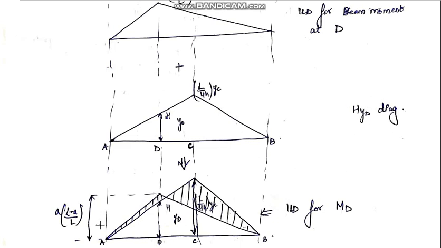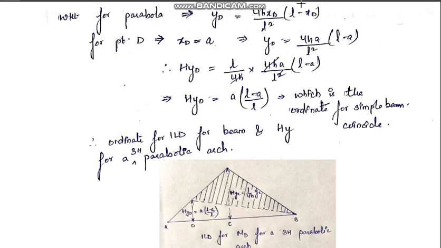It means, if you see this diagram, the value of HYD and the value of this are coming out to be the same, and therefore this point and this point will coincide with each other, and this case will be valid only when the arch is a parabolic arch, because we have used the equation of the parabola. So in the case of a parabolic arch, these 2 points will coincide with each other. So this is the modified diagram.